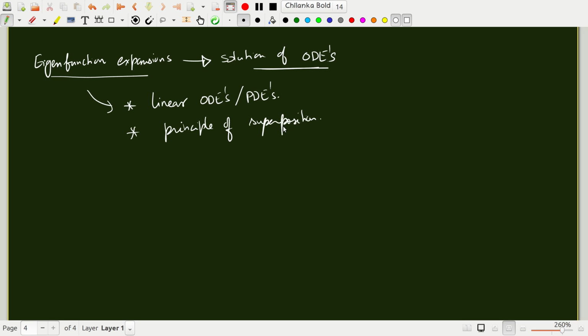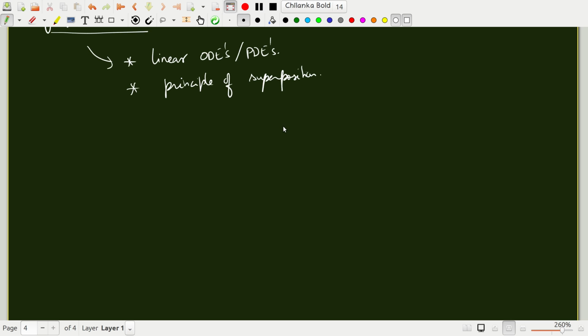Okay. Now to begin with, let's take an example from system of linear equations in finite dimensions. Let's say you are interested in solving Ax equal to b. Now instead of solving it using Gaussian elimination or something along those lines, let's say we first solve the eigenvalue problem. A xi is lambda xi.